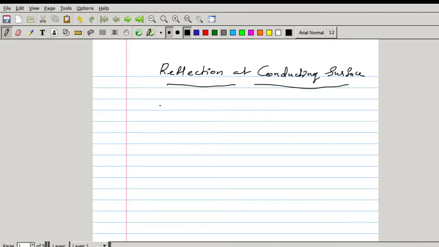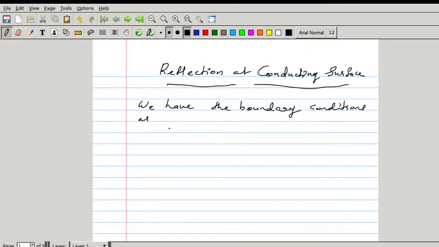The boundary conditions are the same as for a linear dielectric media.